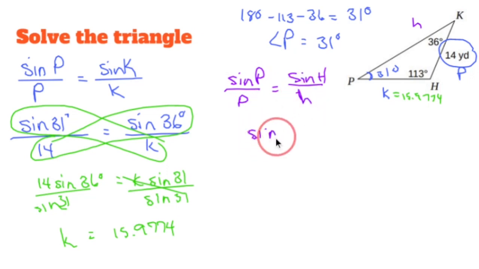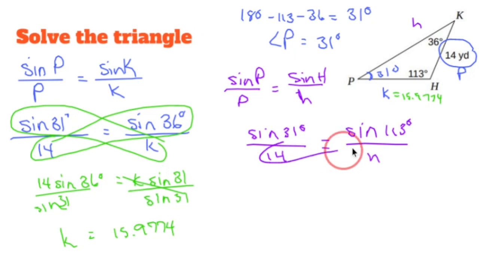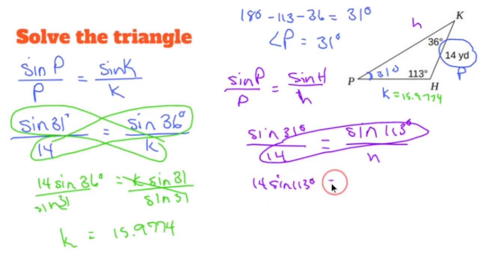So sine 31 over 14 is going to equal sine of 113 over little h. Crisscross applesauce. When I do that, that gives me 14 sine 113 degrees equals h times sine 31.